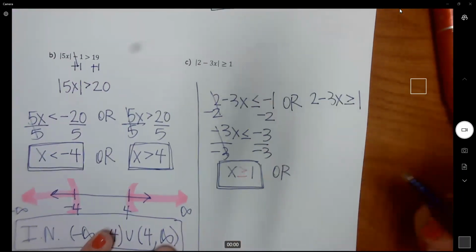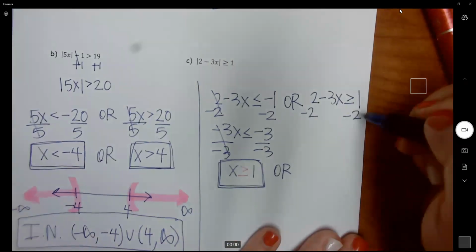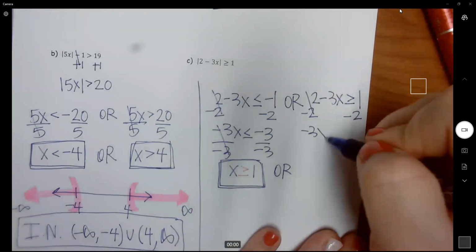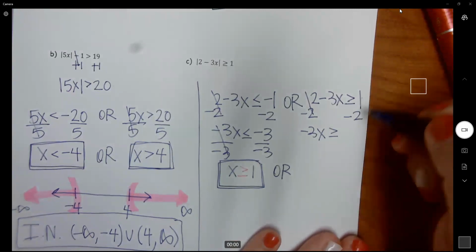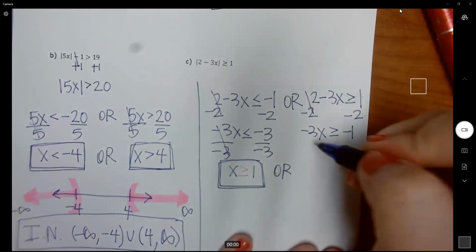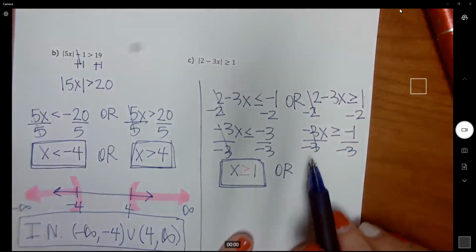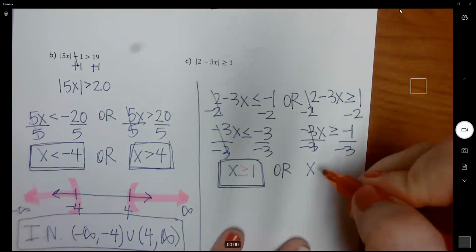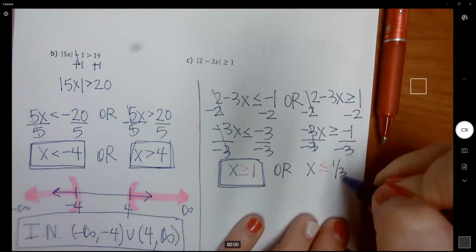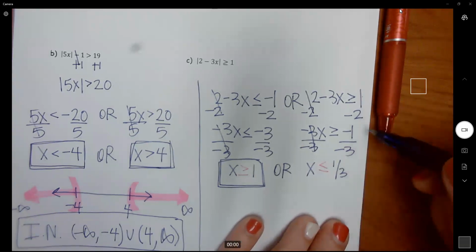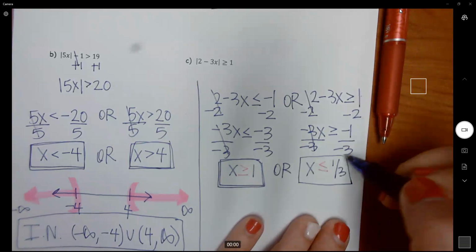Okay, or same two steps. Subtract your 2. I get -3x is greater than or equal to 1 minus 2, which is -1. I'm going to divide by -3. Because I'm dividing by a negative, I'm going to flip this sign again and get x is less than or equal to 1/3, because negative over negative. Goodness.